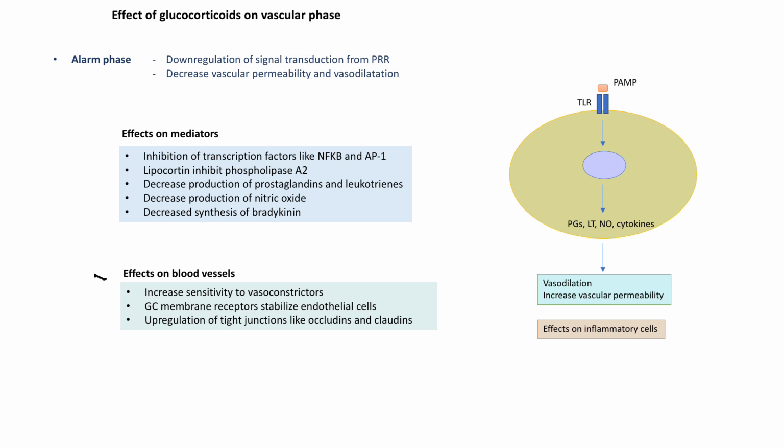Glucocorticoids increase sensitivity of blood vessels to vasoconstrictors like catecholamines, and glucocorticoids upregulate tight junctions between adjacent endothelial cells. And these actions counter vasodilation and increased vascular permeability associated with the inflammatory response. Overall, these effects decrease redness and swelling associated with the vascular phase.